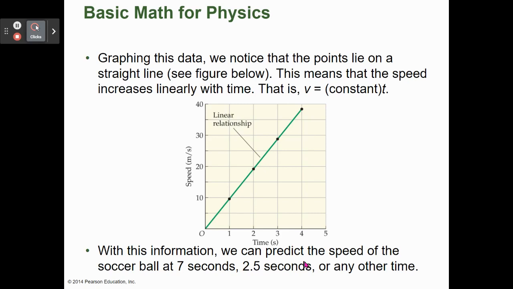Go up. And then what? Go up. And that should hit right at about 25. Okay? That's called interpolation, because I'm doing something within the graph. I'm looking at a number that's within the graph. Okay? All right.